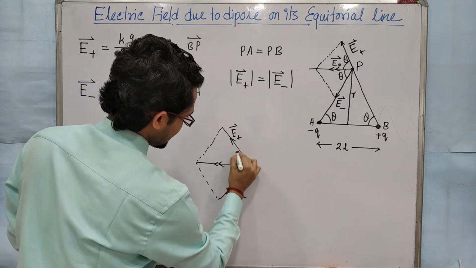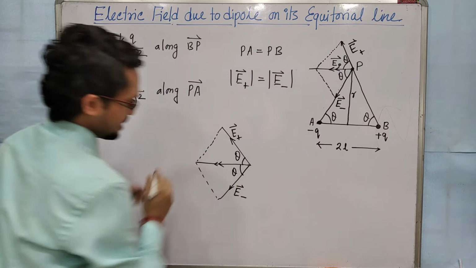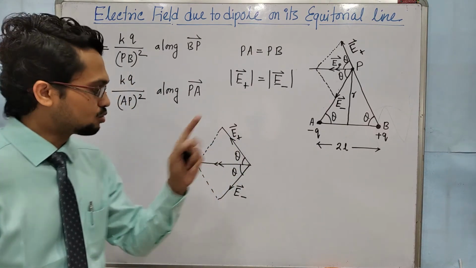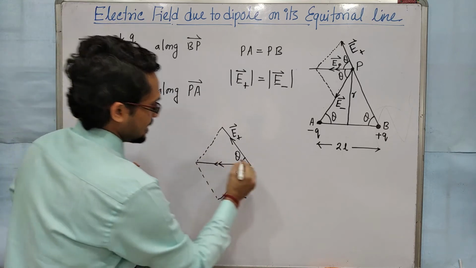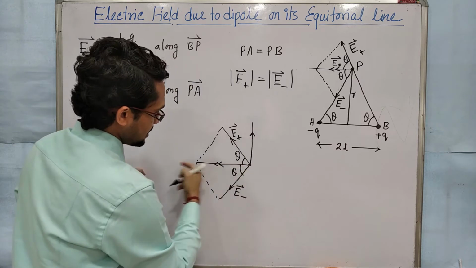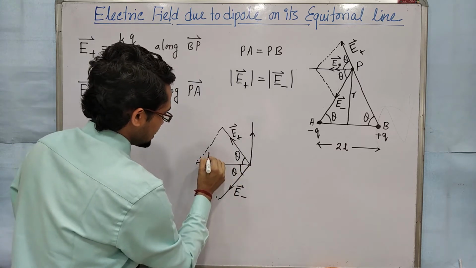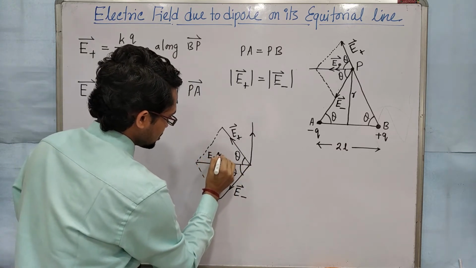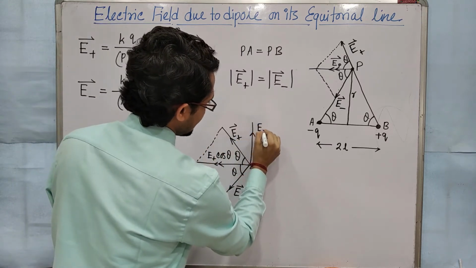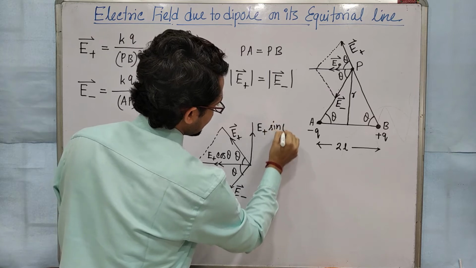This angle is theta, this angle is also theta. So I can break the E plus vector into two components. This component will be E plus cos theta, and this component will be E plus sin theta.